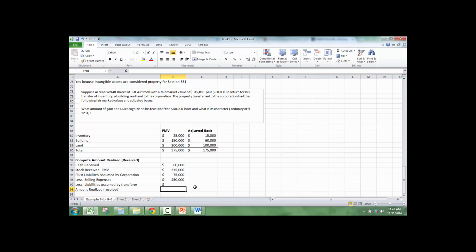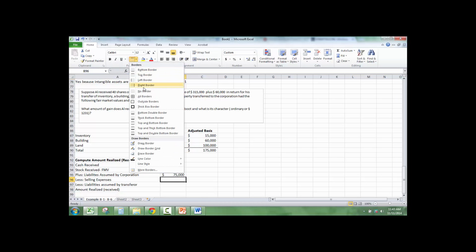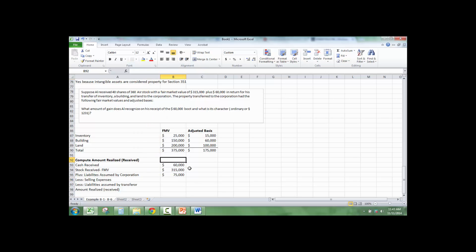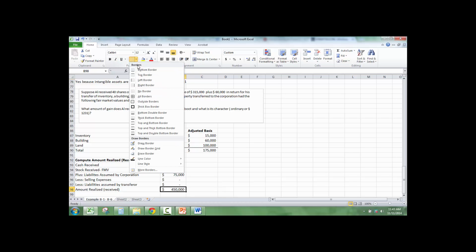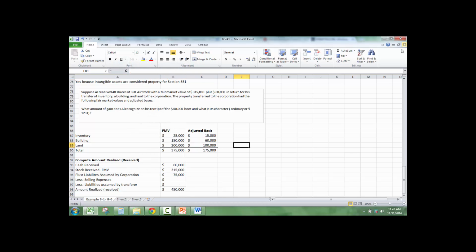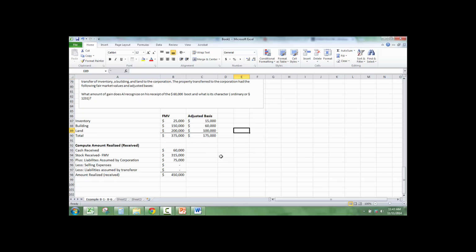There are no liabilities here, so there were no selling expenses, no liabilities assumed by Al, so the amount realized is $450,000.